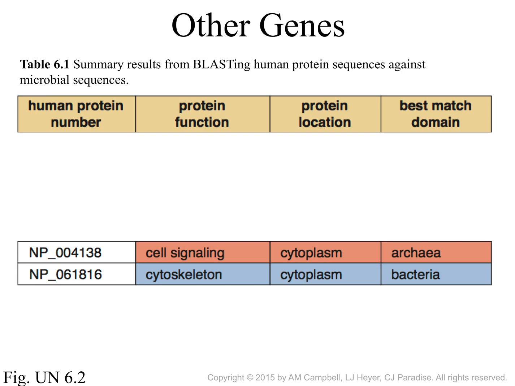Cell signaling also is like you activate a neuron and your muscle twitches, that sort of thing. A lot of those genes look like archaean genes, but if you look at the genes that make up the cytoskeleton, sort of the rigid but flexible structure of a cell, microtubules are part of the cytoskeleton, the things that pull the chromosomes through the cell during mitosis and meiosis. Those genes look more like bacterial genes.